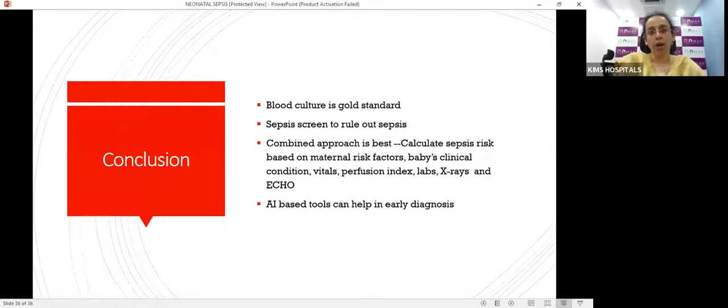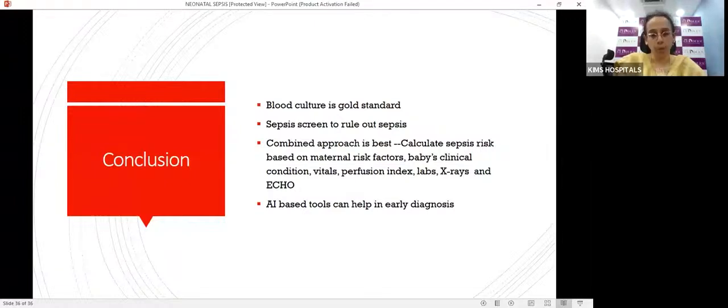Echo helps us look at the volume of the IVC, need for volume, need for inotrope support. So what's actually happening inside the baby, which inotrope is going to work, whether the volume will work or not, is the PDA there or not. So many factors. This focus is the newer emerging thing in everyday rounds and decision making for neonatal babies.